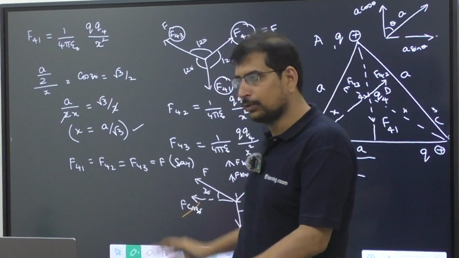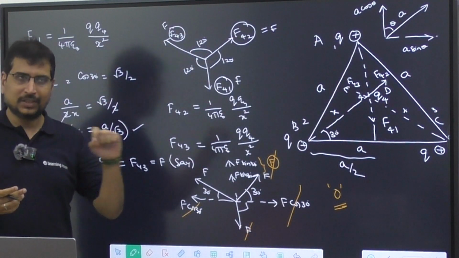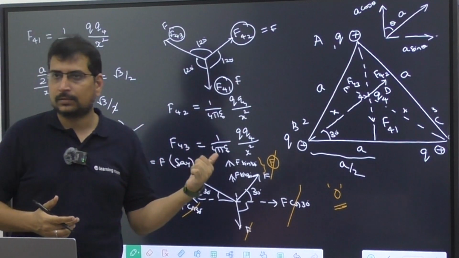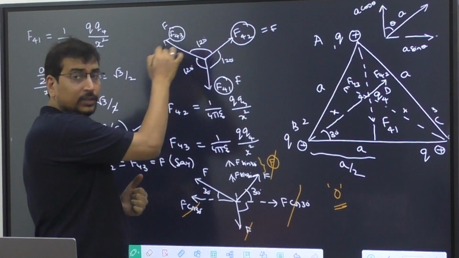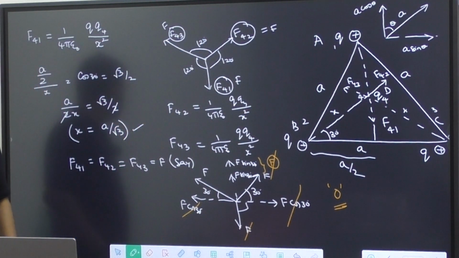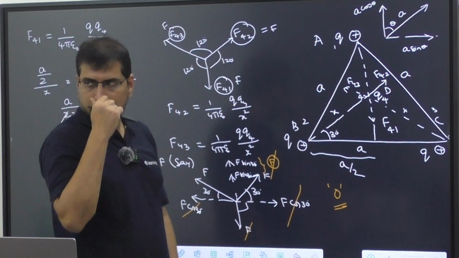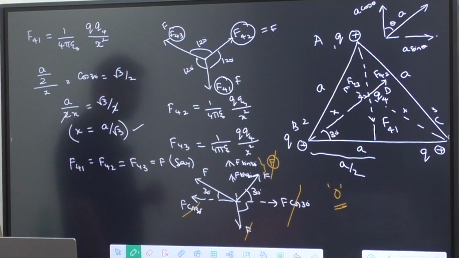We actually solved it using resolution itself. But if you want to apply the principle of superposition, in this problem it is slightly complicated. Why is it so? Because you need to find the resultant of these two, then the resultant of these two. That is another way of solving. Maybe I'll show you that method also. Whichever is easy, you can take it.